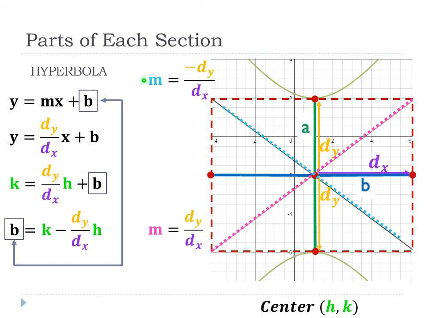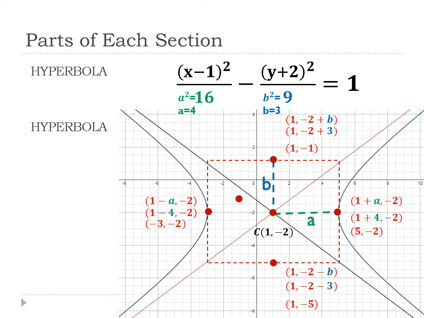So the procedure over here, same thing. The way you find the slopes, same thing. It's just a matter of paying attention to, once again, which is a and which is b.